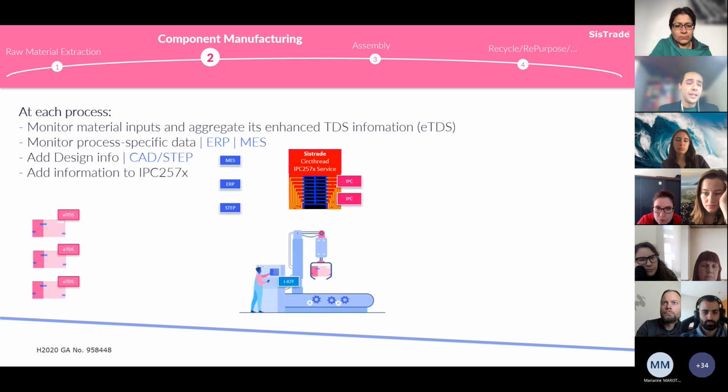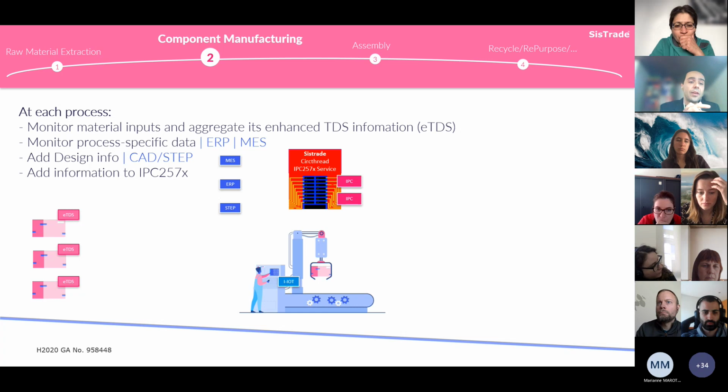And if we describe the process, at each of the manufacturing processes, we have to monitor the material inputs and aggregate its enhanced technical data sheet information, so the information coming from the raw materials. We have to monitor process-specific data from ERP, from MES, and from IoT systems, which acquire, for example, energy consumption, the time, the waste that is produced.